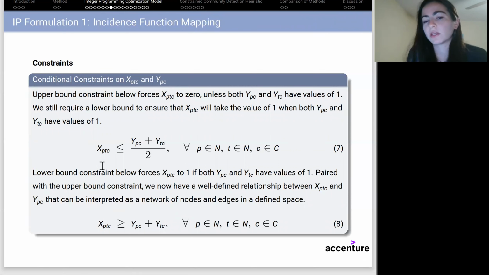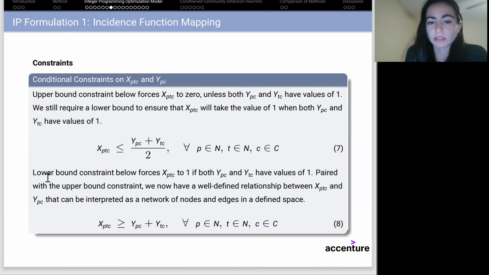So again, if we think of X as an edge between two individuals and Y as the nodes, these are two upper bounding and lower bounding constraints. The upper bound constraint would force X to 0 unless both Y PC and Y TC of that X PTC have values of 1.